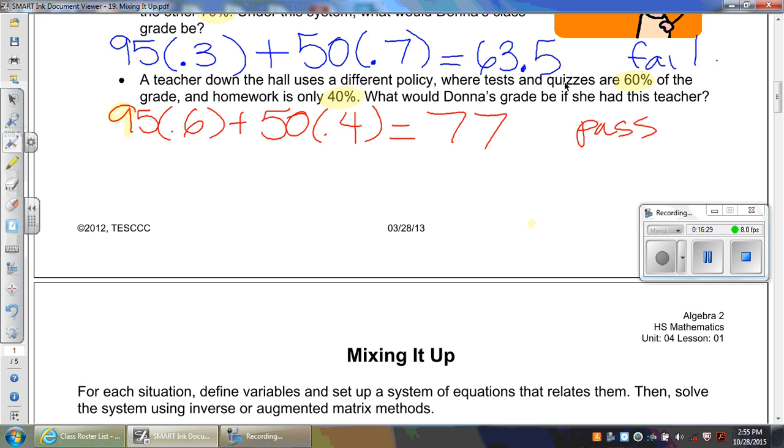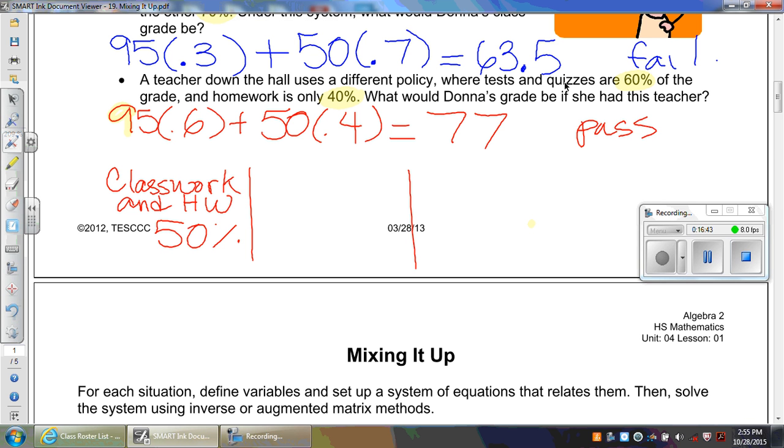What are my percentages? For classwork and homework, what is the percentage there? 50. 50, yes. What about tests, quizzes? 10.